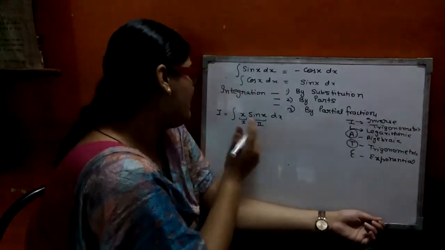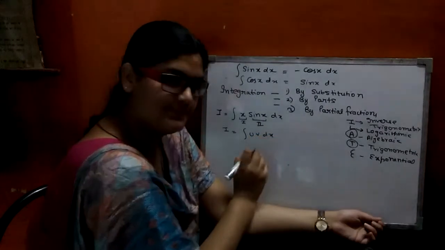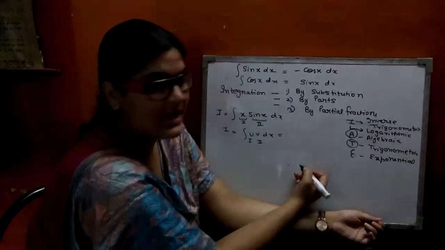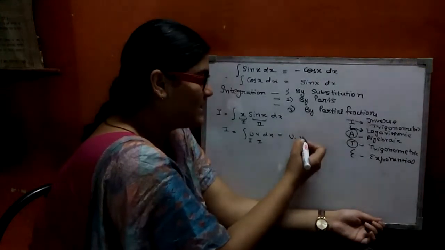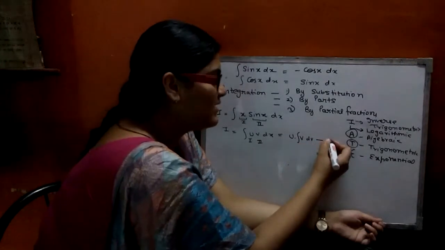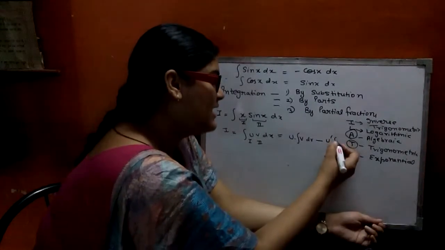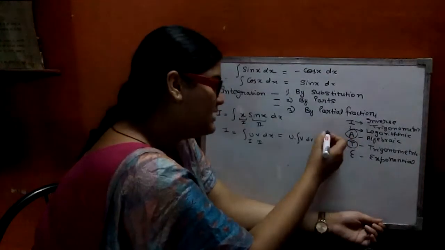Then the formula by parts is, let us suppose you have to find out the value of this. This is first function, this is second. So the formula is, first function remains as it is, second we have to integrate it, minus derivative of first function and integration of second function, then whole integration.